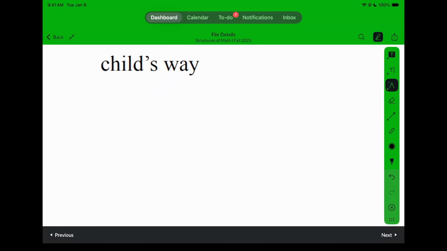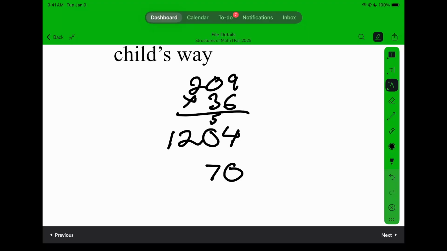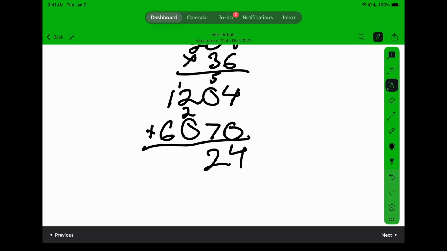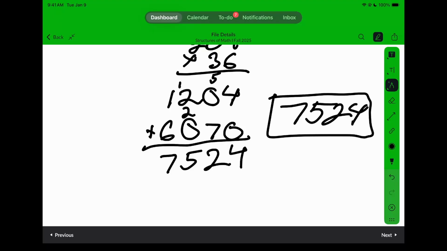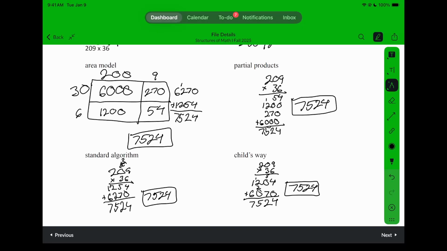Very cool. And then Child's Way. 6 times 9 is 54. And then 0. And then 6 times 2 is 12. And our 0, 9 times 3 is 27. And there we go. That is the multiplication processes for 209 times 36.